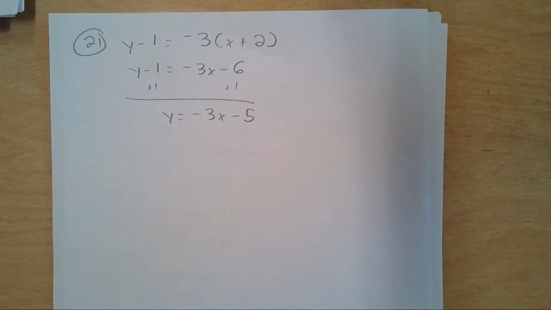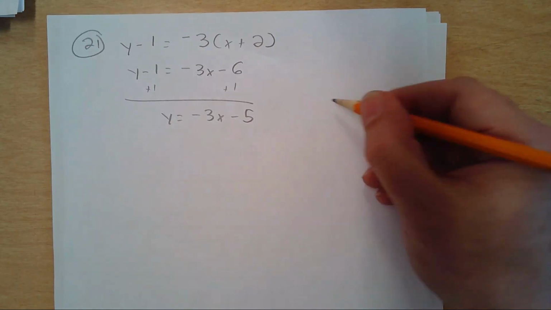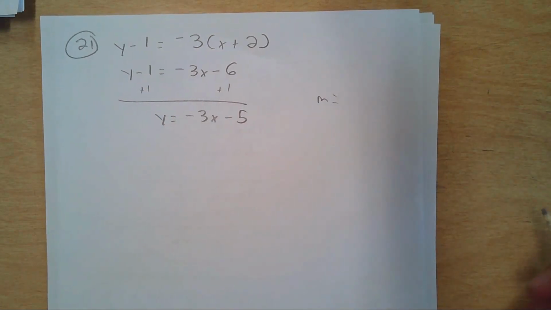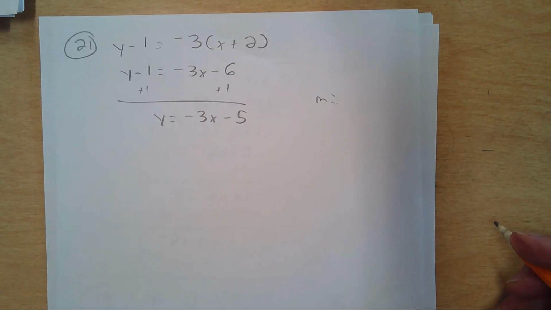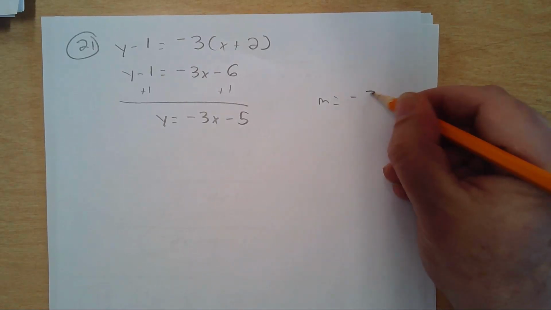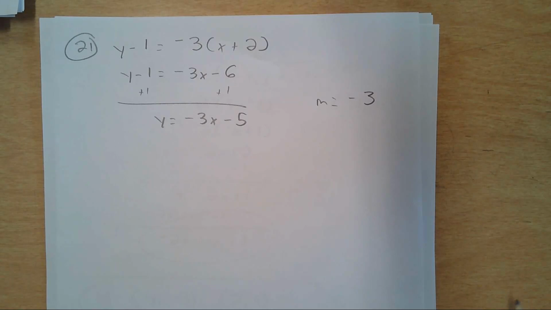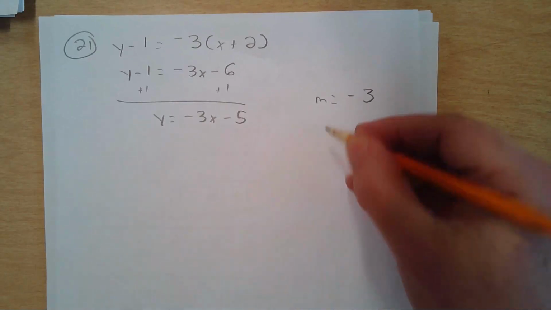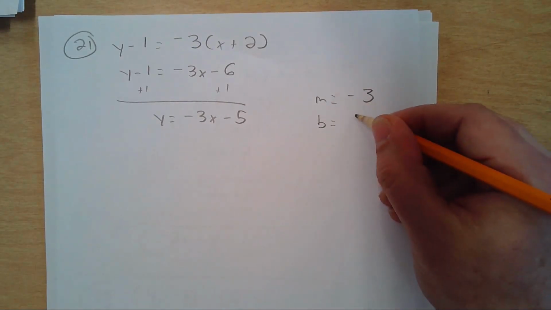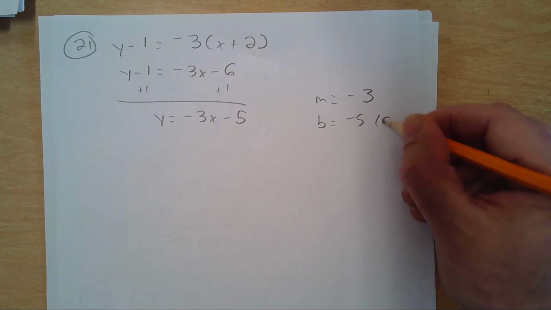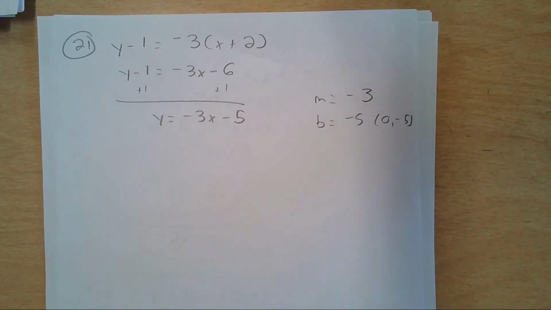And I know my two things. What's my slope? That's 5, or negative 5. That's the y-intercept. Oh, and then negative 3. There's my slope. So for every one spot I go to the right, I go down 3. Where's my y-intercept? Negative 5, or as a coordinate, that would be coordinate 0, negative 5.